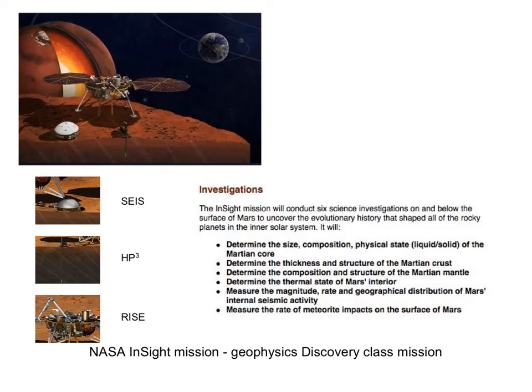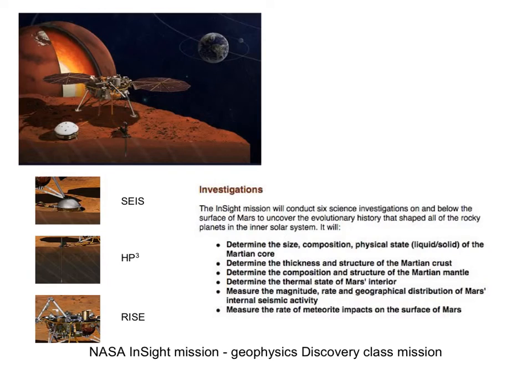But basically, you can see the science questions. They really want to nail down the size, composition, and physical state of the core. This key question: is there a molten core or not?